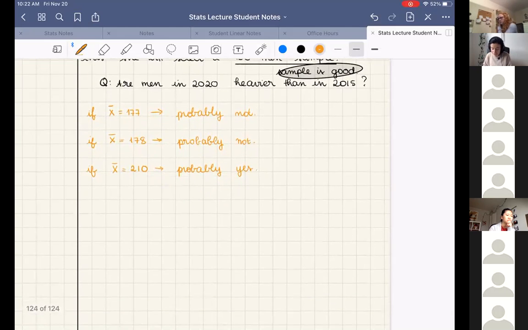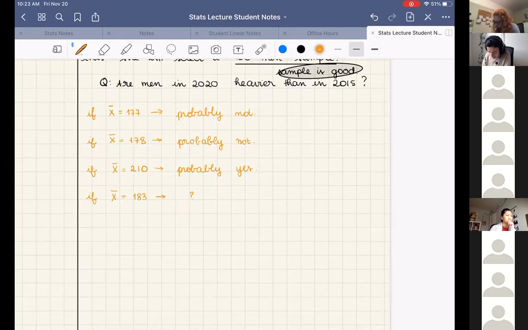All right, so if the sample average is 210, then yes, probably there is a significant difference. But then there are cases that are a little bit more gray. So for example, if I get an average that is equal to 183 pounds, this is 6 pounds heavier than in 2015, and it is not clear whether this could be due to chance or whether this is not explainable by chance alone, right?